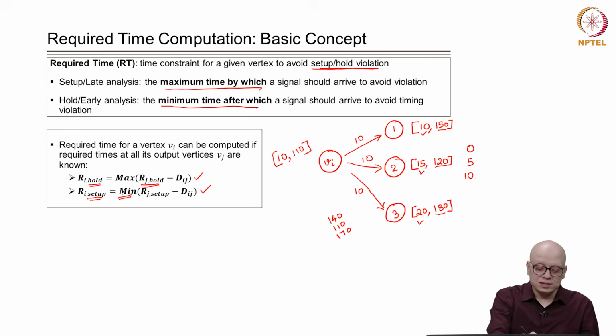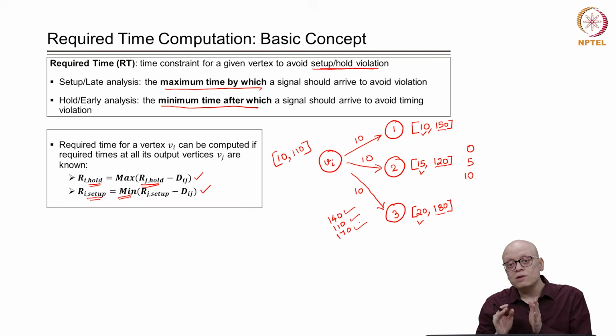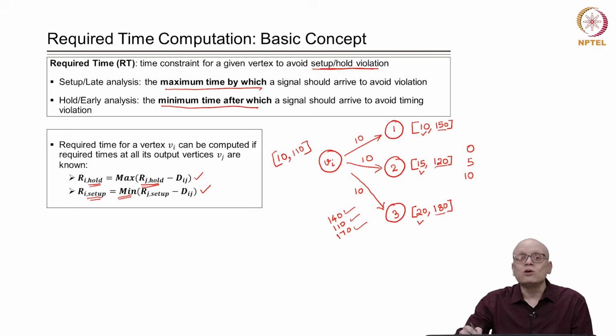So, the definition of this required time for hold and setup has been chosen such that we always get the pessimistic value, right. Now, if the required times from different edges and different paths are, say, 140, 110 and 170 for the setup analysis, and we take the minimum of them, then what it means is that if the minimum required time is satisfied, meaning that the arrival time is less than 110, the other constraints of 140 and 170 will automatically be satisfied, right.